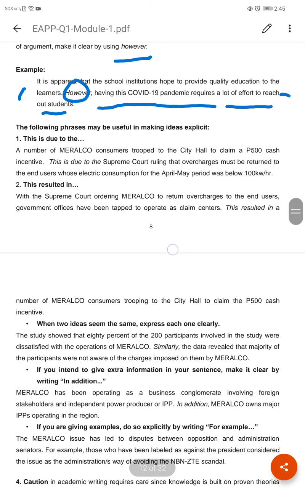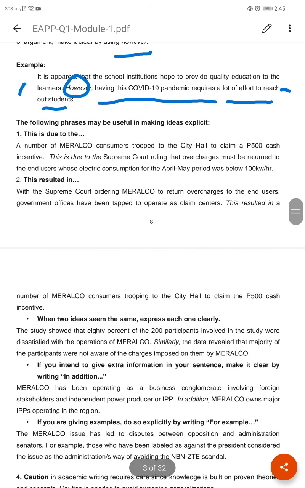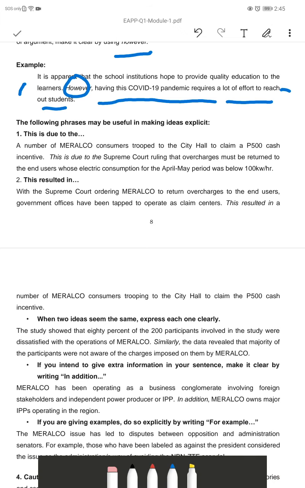This is due to the Supreme Court ruling that overcharges must be returned to the end users whose electric consumption for the April and May period was below 100 kilowatts per hour. So, in here, the writer used this is due to or due to the. So in here, it is used as a signpost or a marker for the reader to better understand the message.